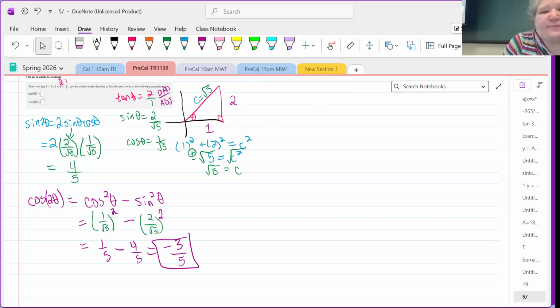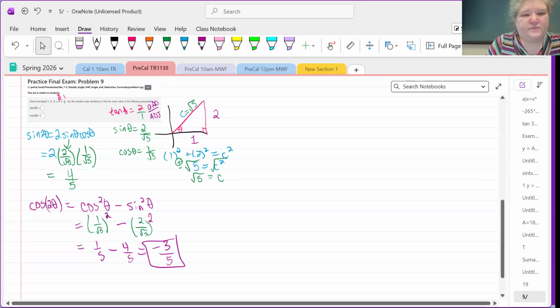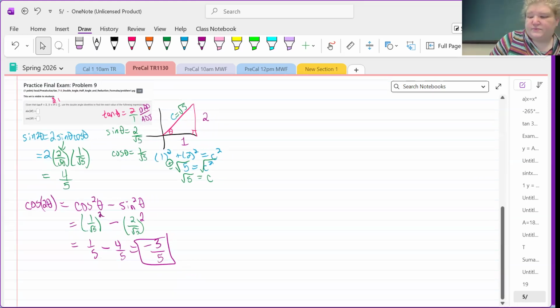The formulas did that part for us. Now in the test, it's only going to ask one of them. I don't remember if it's sine 2 theta or cosine 2 theta, but the formulas for both of them are going to be provided.